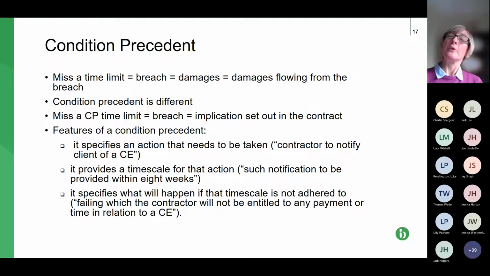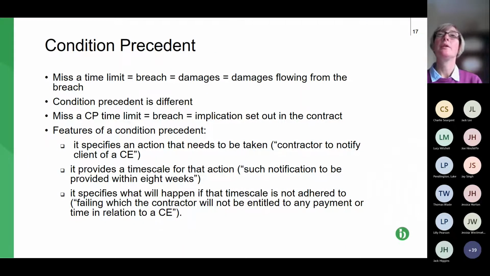So if the work's defective, so it's not in line with what the scope says it should be, then the damages are typically the losses for making the work comply with the scope, and any other financial loss arising from it. If it's missing a time limit, then it's the losses resulting from that delay, so any losses that the paying party incurs.